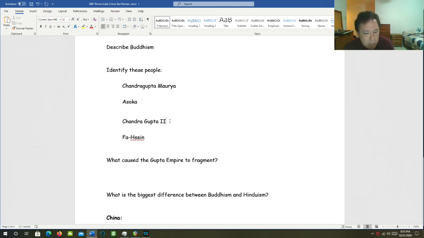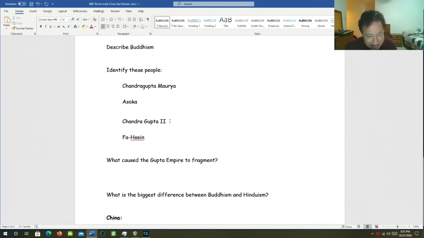He spread Buddhism through his Dhamma tours, not by force, but by going on tour and spreading his ideas about Buddhism around. He also posted these large structures with what they called edicts on them throughout the empire. And one of the things that were on those edicts were a lot of Buddhist teachings.